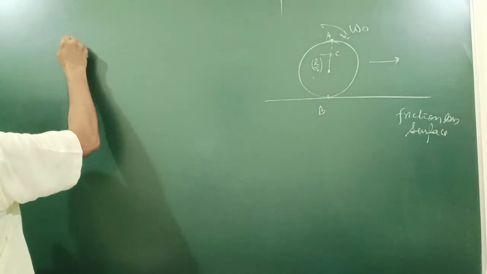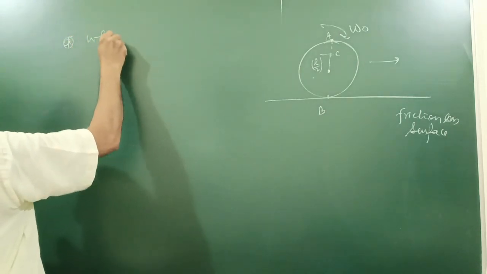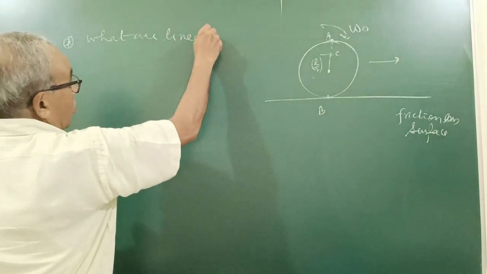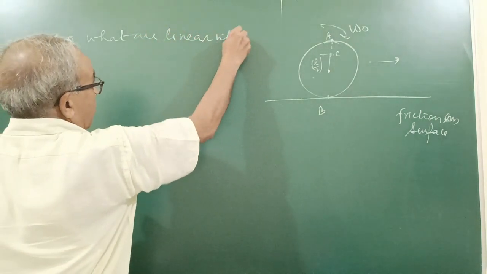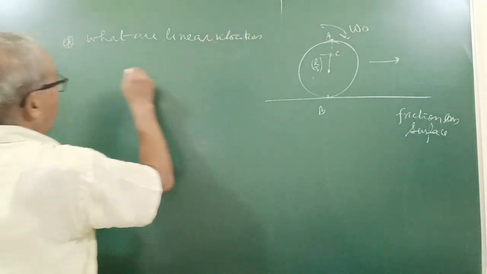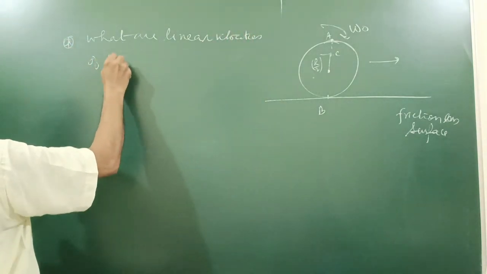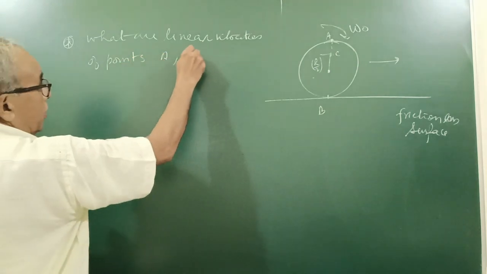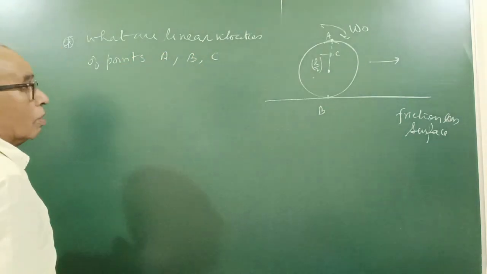Part A: what are the linear velocities of points A, B and C?